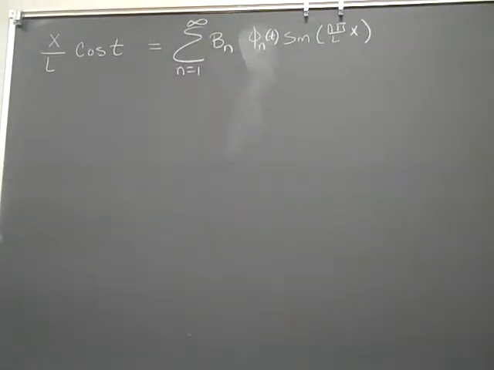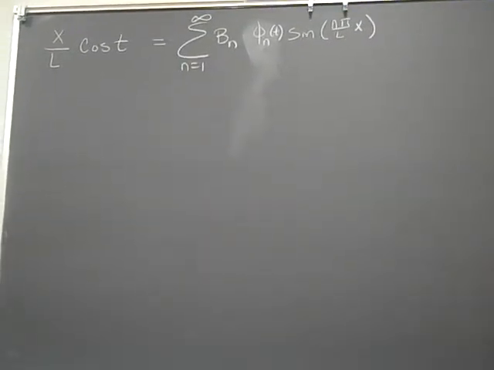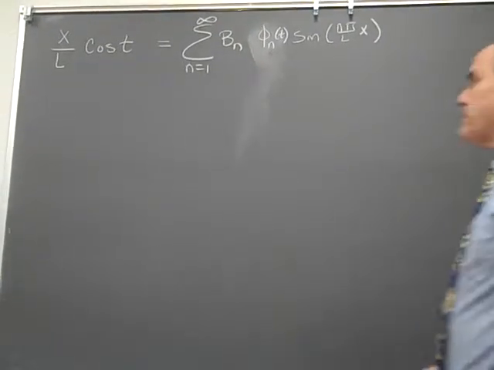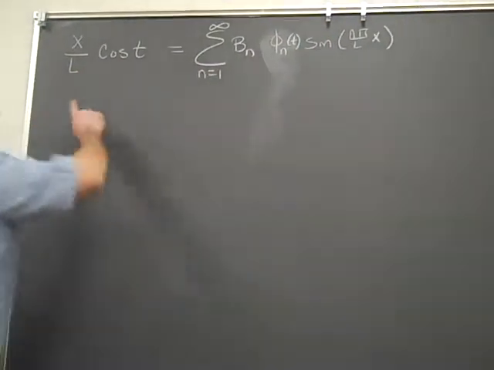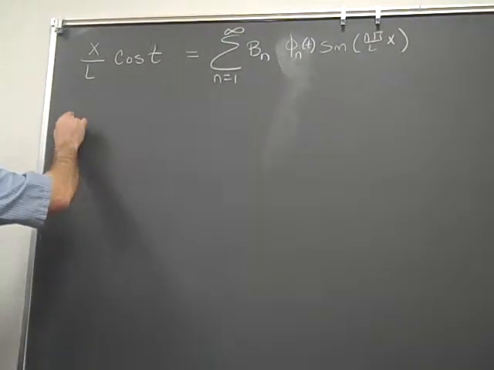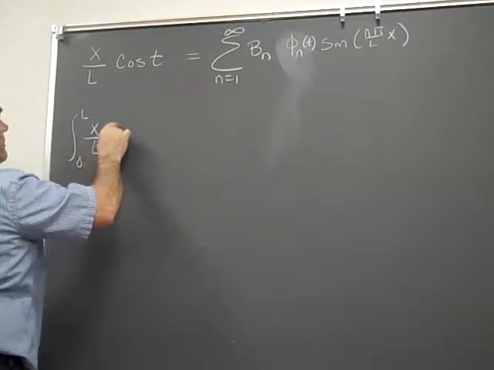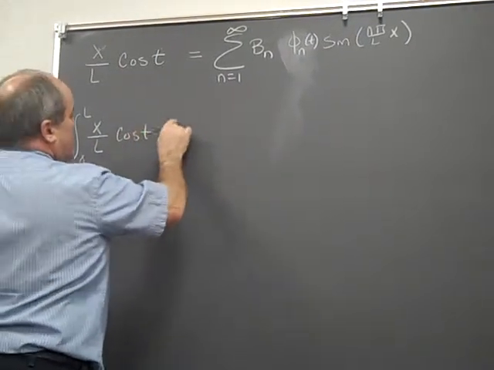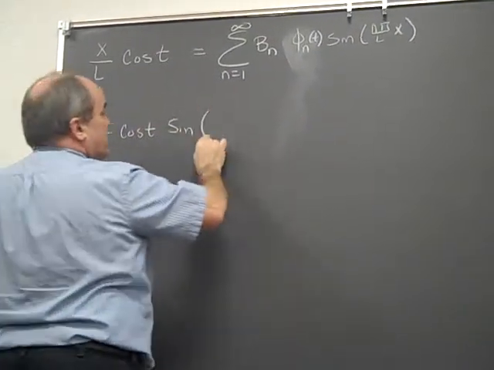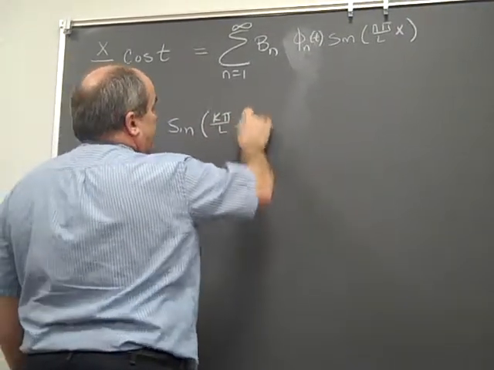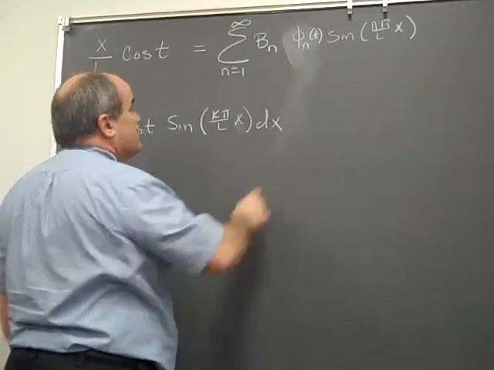The next one is the b sub n's, and that we have a method for doing. What's always been our method for finding b sub n's? Multiply by the sine. Right. Multiply both sides by, so we're going to integrate from 0 to L, x over L, cosine of t, and we're going to multiply both sides by the sine of k pi over L x, and then we're integrating with respect to x.